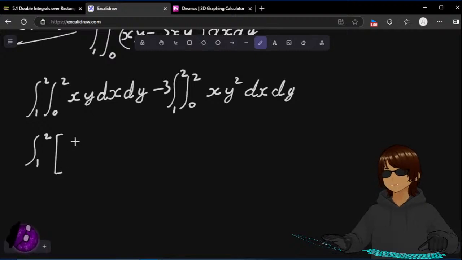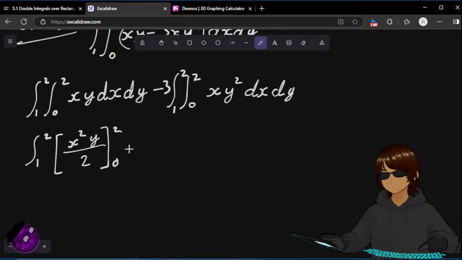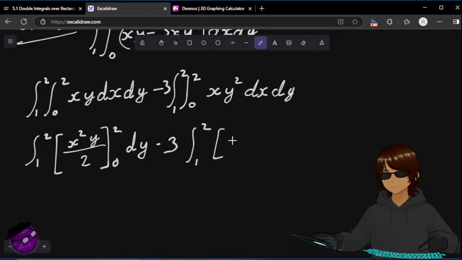So treating y as constant, we are left with x squared over 2, from 0 to 2.